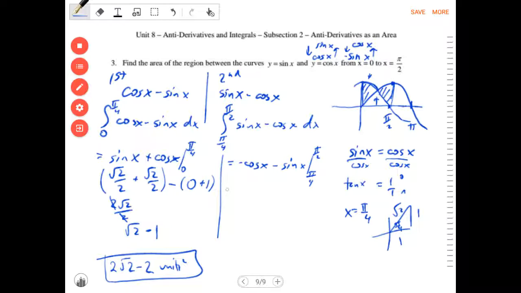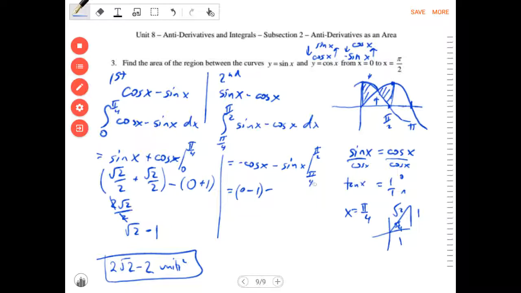Okay, great. So let's see, cos pi over 2 is 0, and 0 times negative is just 0. Minus sine of pi over 2, well, that's just 1. So that's the first part. Minus, so now pi over 4.